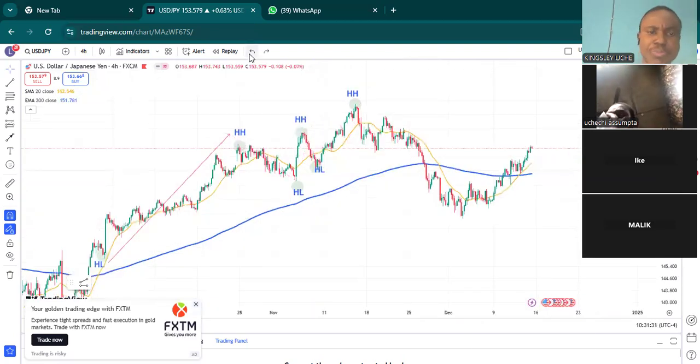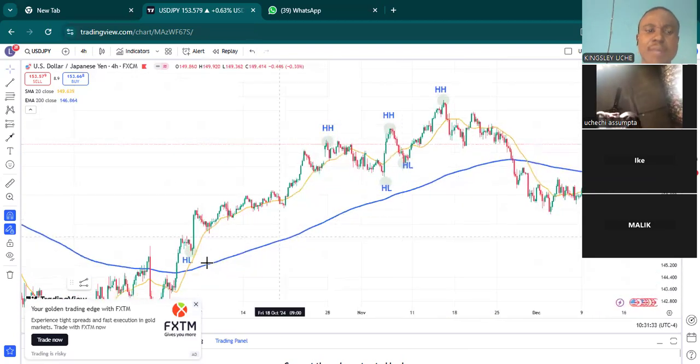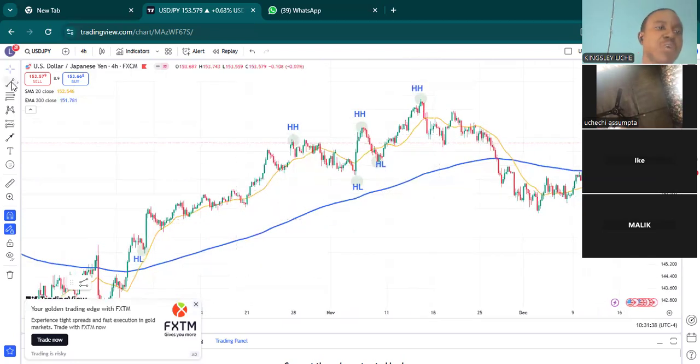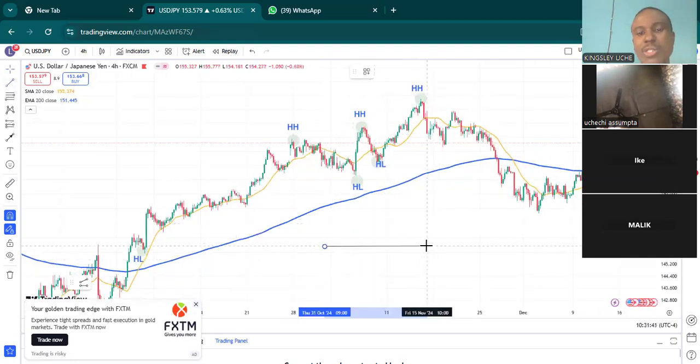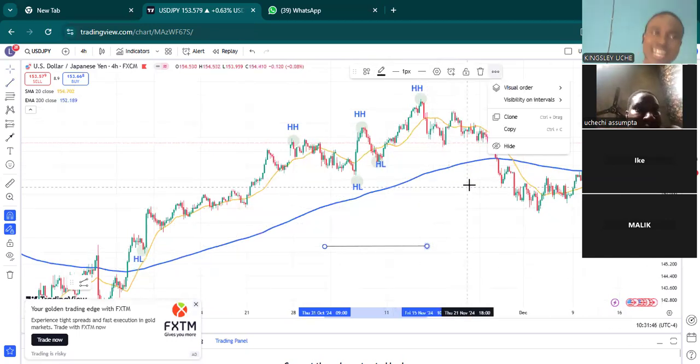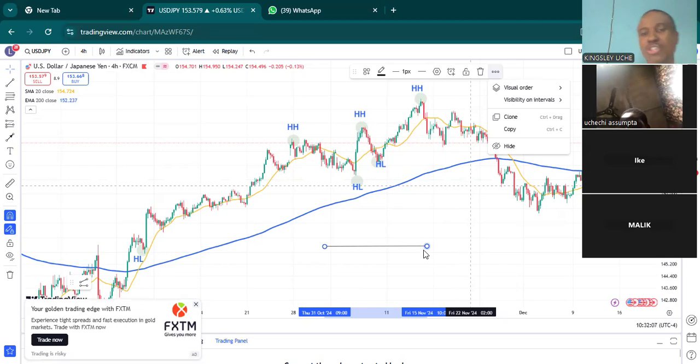Now that we have this higher low and higher high put in place, we'll need to have a horizontal line. That's the second step now for the first phase. The first step is to know if the market is in an uptrend or a downtrend. The second step is to put in place higher high, higher low, on both sides. The third step is to get a horizontal line drawn like this.